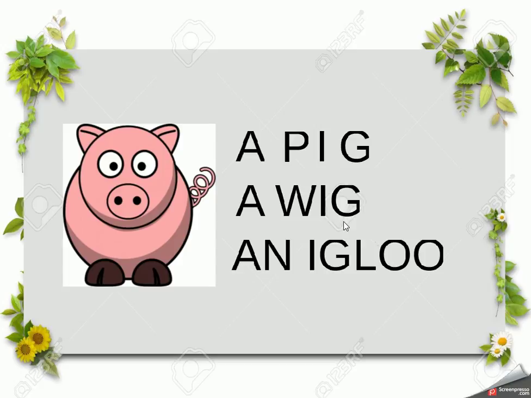It doesn't matter where it is, the I and the G will sound like "ig". And also it's a good example of the use of "an", because igloo starts with a vowel. If you remember, the vowels were A, E, I, O and U. Because it starts with an I, we use "an" instead of "a".